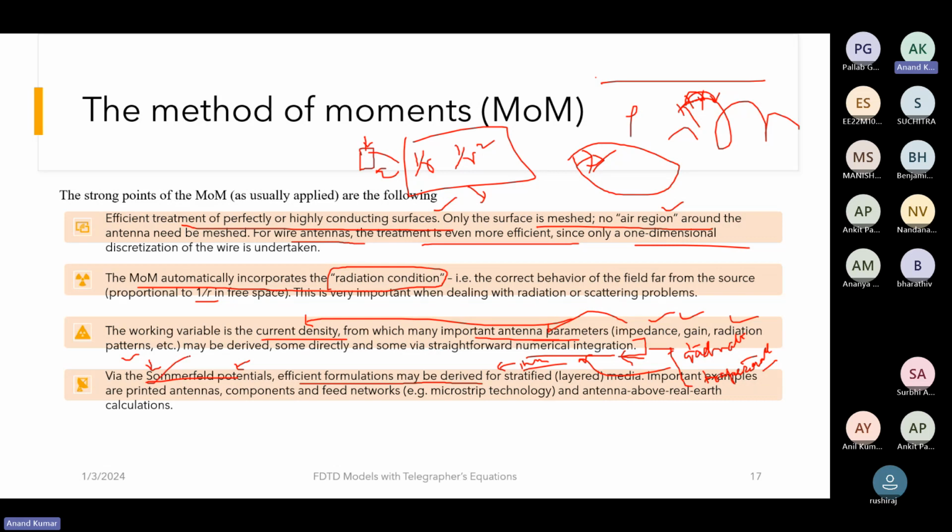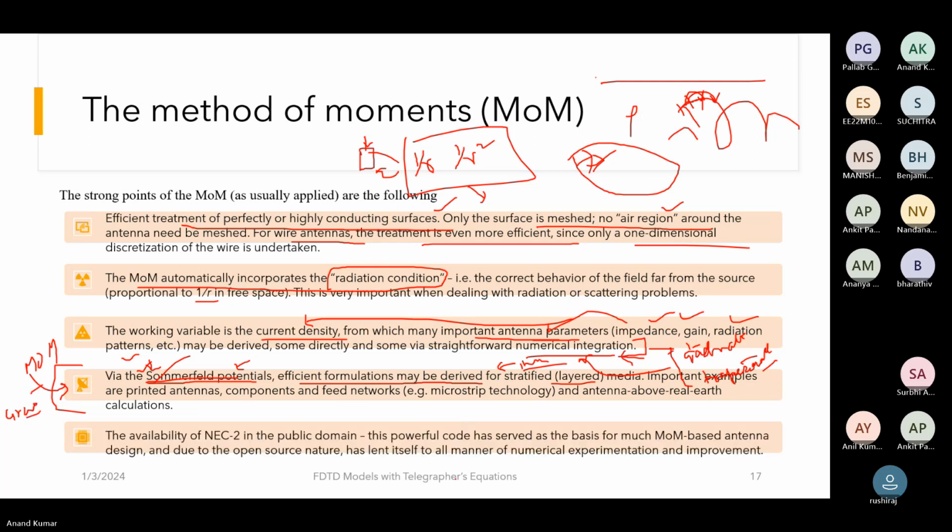I'm not very familiar with this method, but it allows you to solve layered media in method of moments. So if you have to use method of moments, you probably need to study Sommerfeld's equation and the Green's functions as well. This is something we did not discuss.